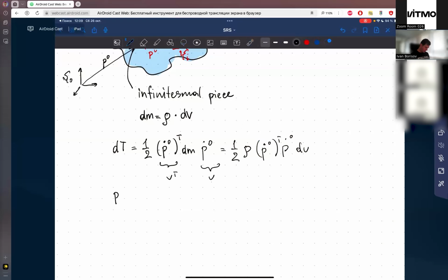So p dot 0 is a velocity of a body expressed in frame psi0.